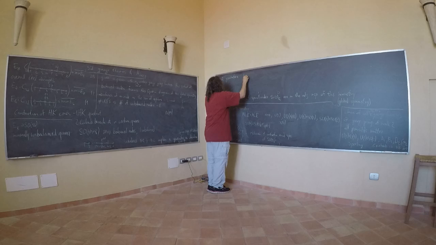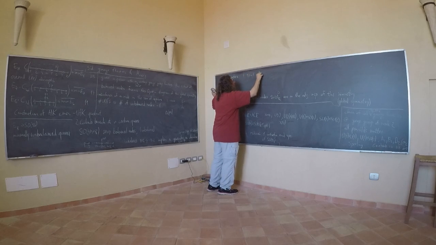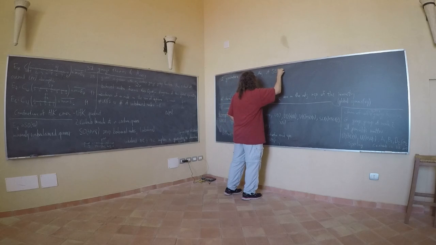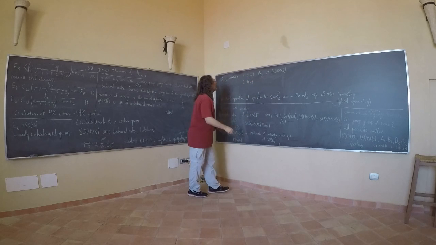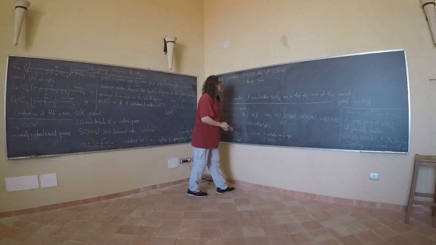The first one is spin 1 and is in the adjoint representation of SO(4n+8). And the second one is in spin n over 2 of SU(2)_R and in the spinor representation of the same group.